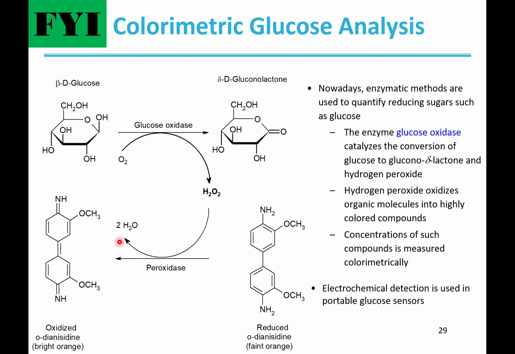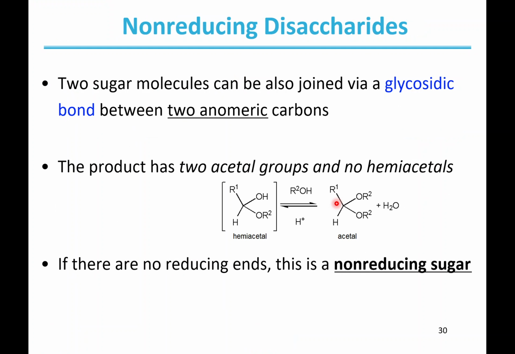Hydrogen peroxide then can change a certain chromophore molecule to alter its structure and change its color from a faint orange to a bright orange. So you're picking up a color change if a reducing sugar is around.